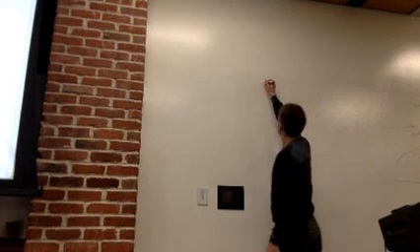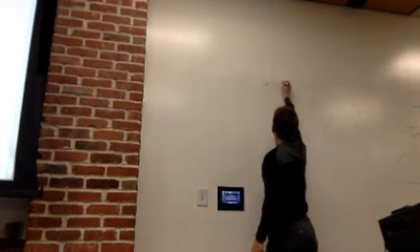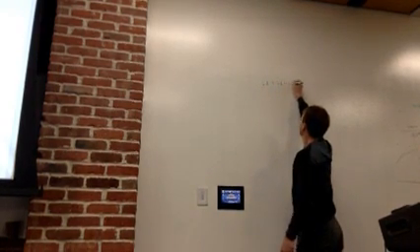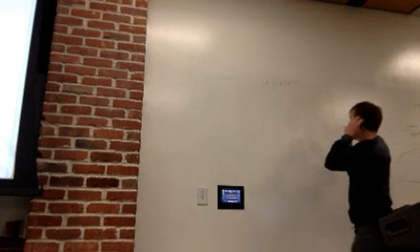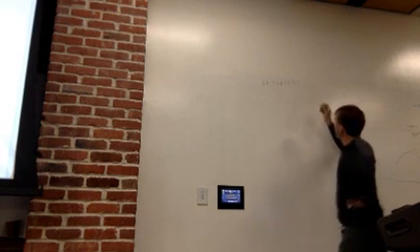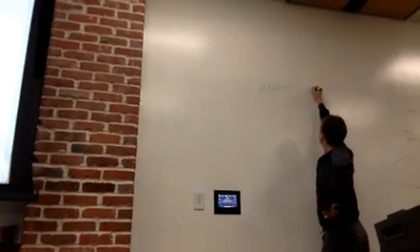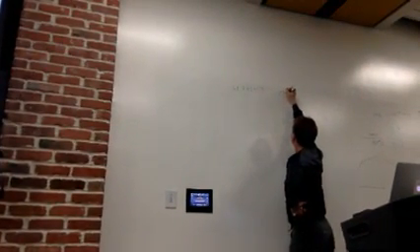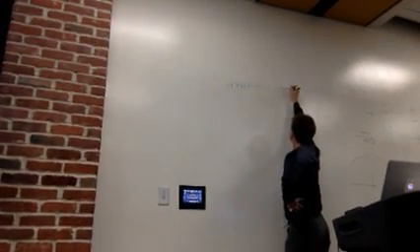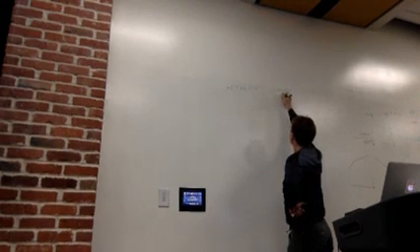So in our example, suppose we have heads, tails, heads, heads, tails. We have some model which says with probability P, we get heads.